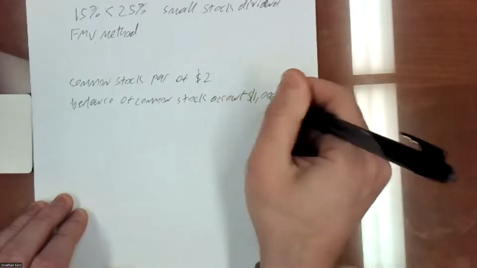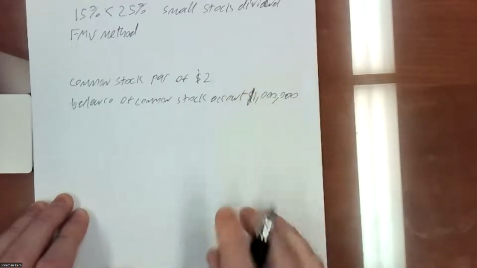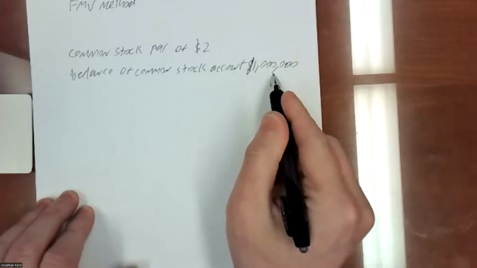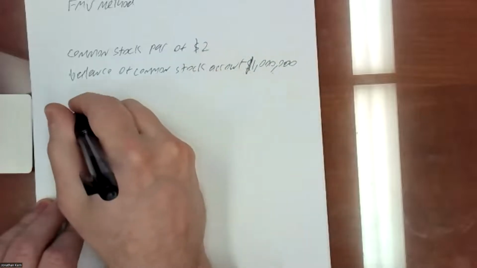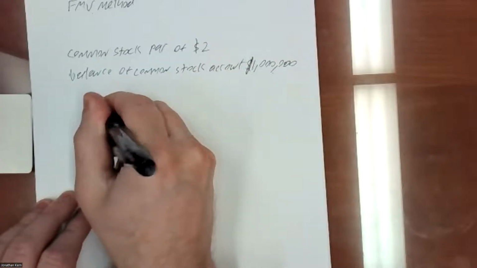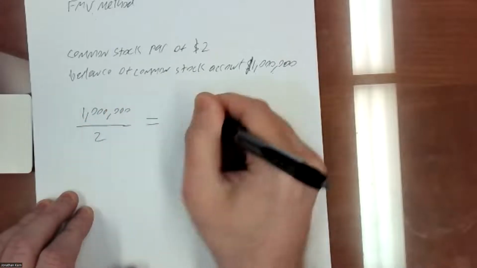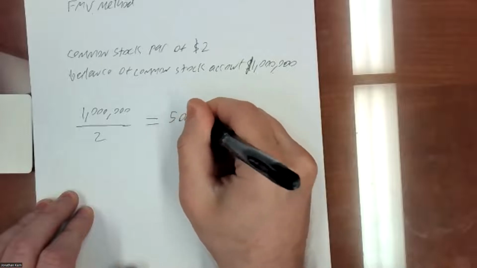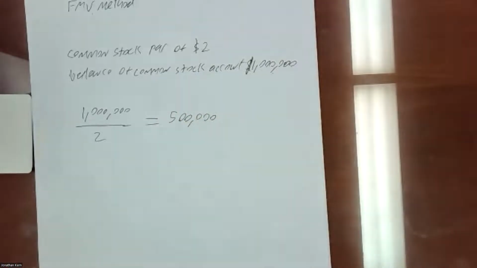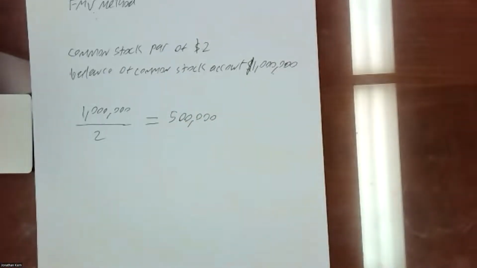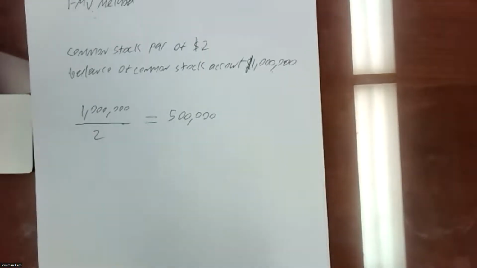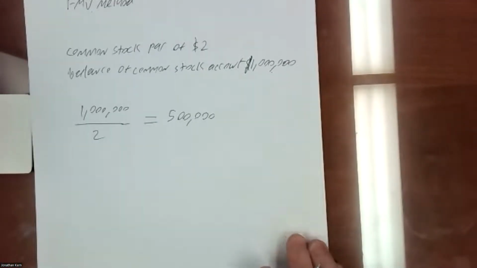So we can determine the number of shares by dividing this 1 million by 2. That means that before we issue this dividend, there are 500,000 common shares.